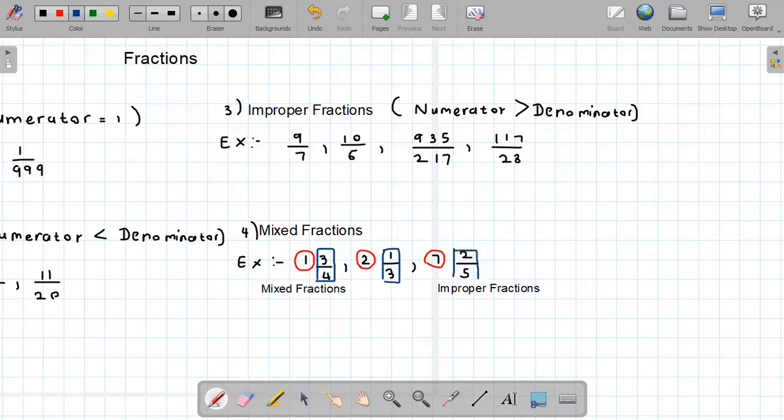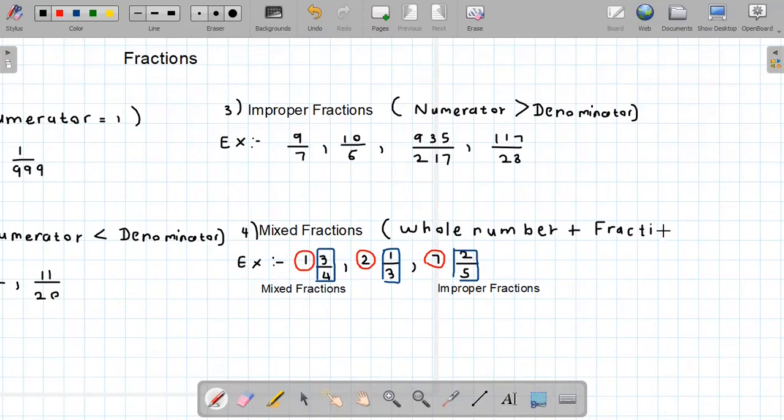So it means mixed fractions are the combination of a whole number and a fraction, right? So we can write like this in a simple way: a combination of whole number and fraction. Whole number plus fraction.